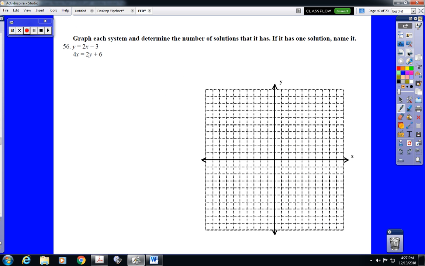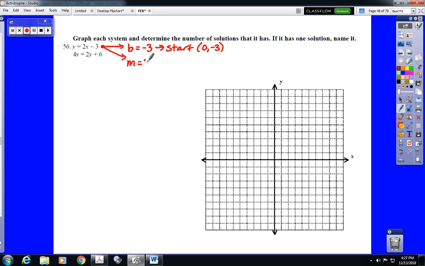Let's do another one. Number 56 has the same directions. Now it is a little bit harder because one of the equations is not in slope-intercept form. So we will start with the line y equals 2x minus 3, which is in slope-intercept form. The intercept is negative 3, so we're going to start at 0, negative 3.